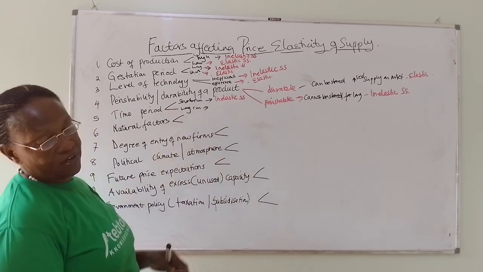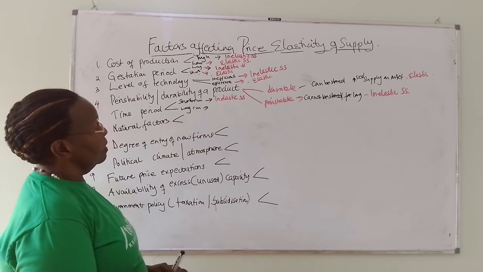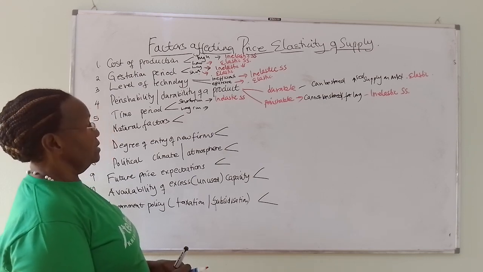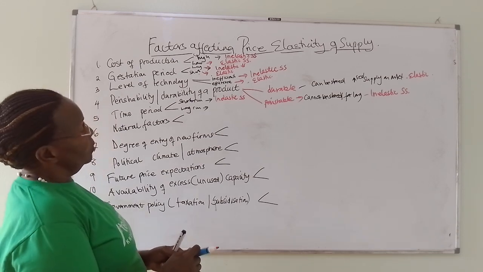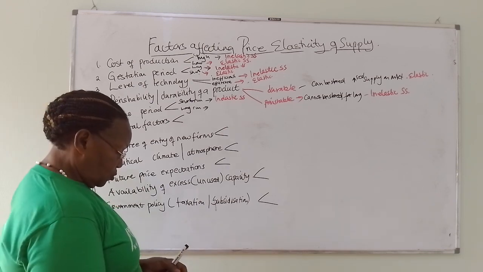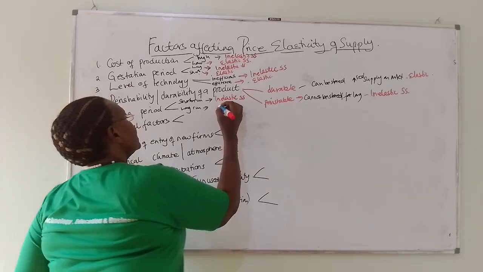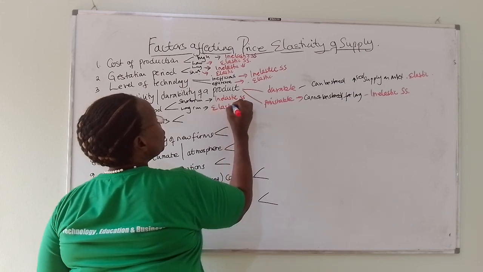Yet when you have enough time, a year, many months, that is good enough for you to mobilize whatever you want. You can even shift from the production of a commodity whose price is low and go to the production of another commodity whose price is high, which makes the supply of that commodity to be elastic. It is responding.